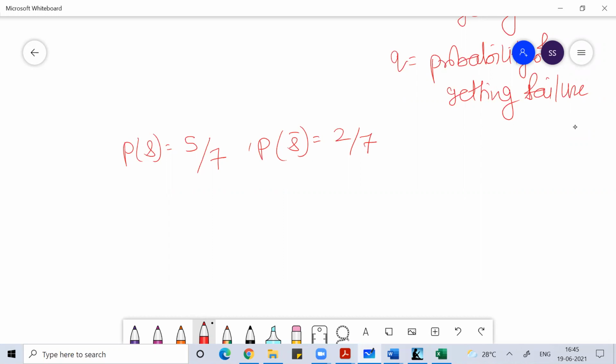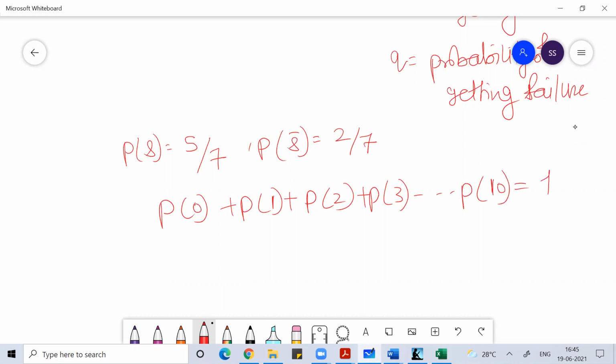So it can happen that Bhavesh cannot solve any problem, or he can solve one problem, or two problems, or three problems, like this, or he can solve all 10 problems.